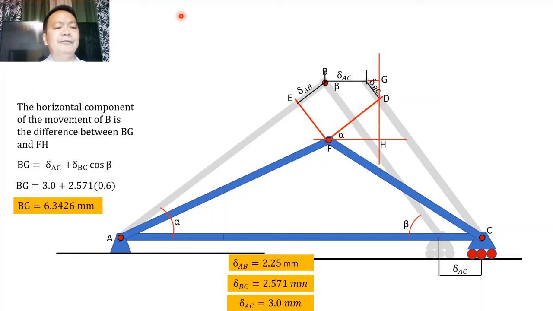Similarly, we can compute for this distance FD. The distance FD will be the sum of the two components. One is the deformation of AB, plus this distance, which is equal to the component of this AC that is parallel to the direction of AB.